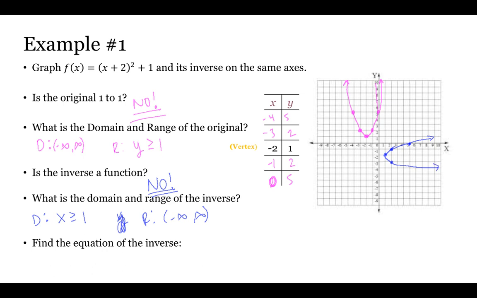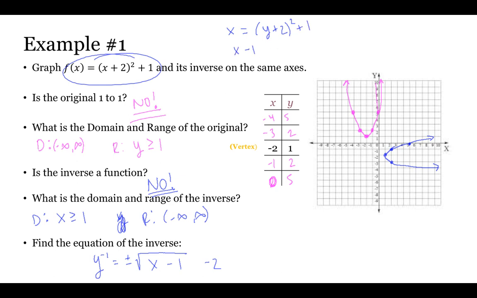Right, if you were just asked to find the direct inverse of this, it's y inverse, not a function, equals plus or minus the square root of x minus 1, minus 2. If I was going to find the inverse, you would probably switch x and y and solve it algebraically.